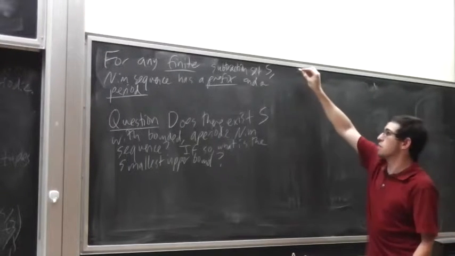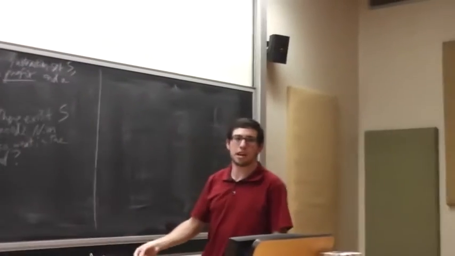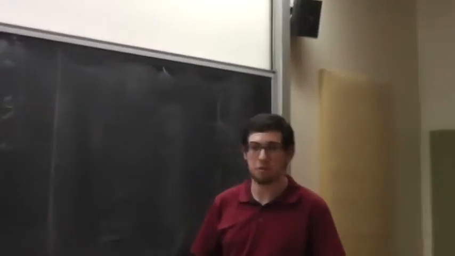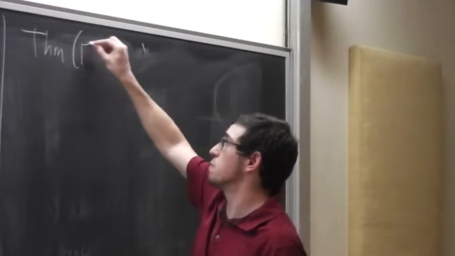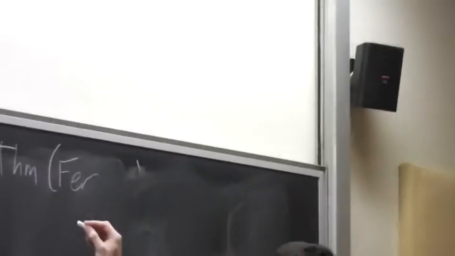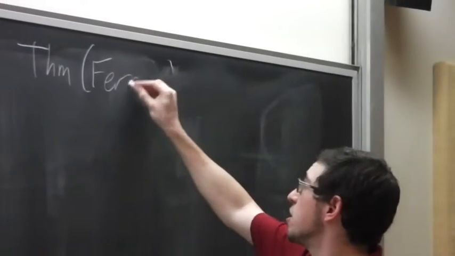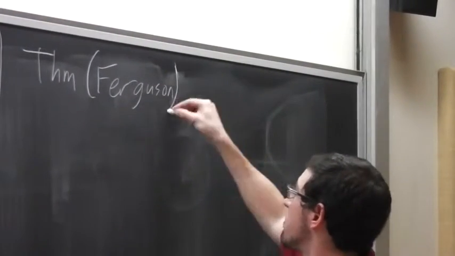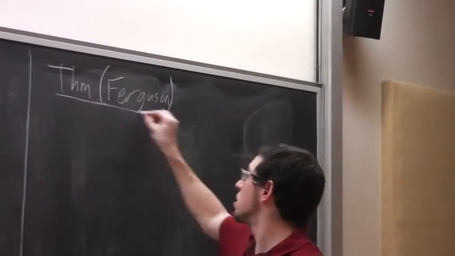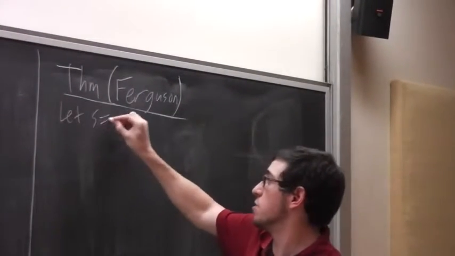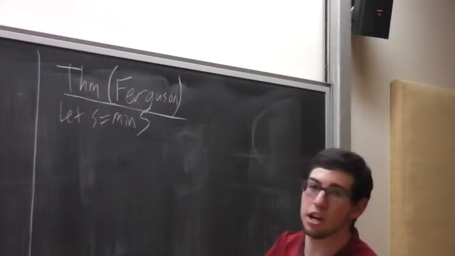All right. So the first thing we're going to show is that we can't have the upper bound be 1. It'll have to be at least 2. So this is a theorem due to Ferguson. It's stated in Winning Ways, which is that for any subtraction set, we're going to let little s equal the minimum element of the subtraction set.